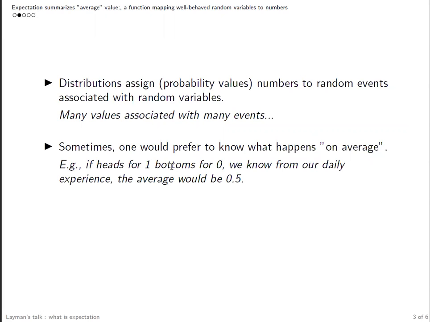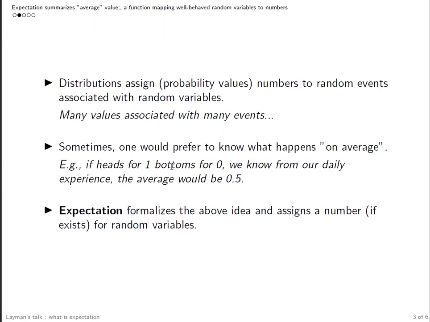For example, if we throw a fair coin many times and record 1 for heads and 0 for tails, we know from our daily experience the average will be roughly half. And that's the expected value we are talking about. Expectation formalizes this idea and assigns a number, if the number exists, for one random variable.